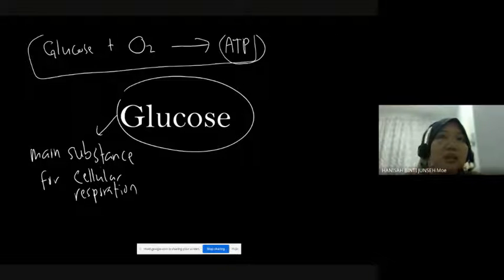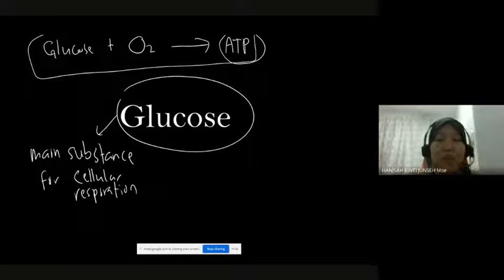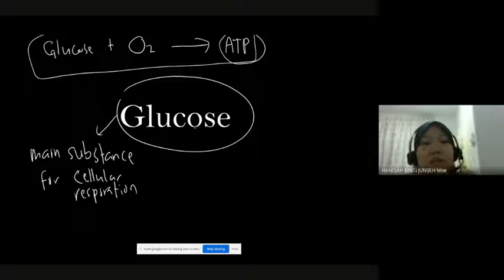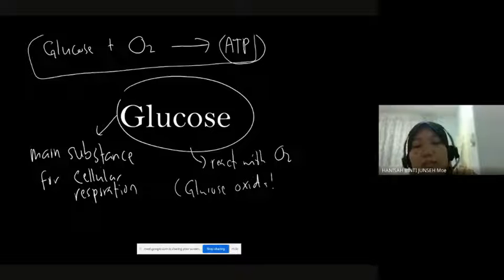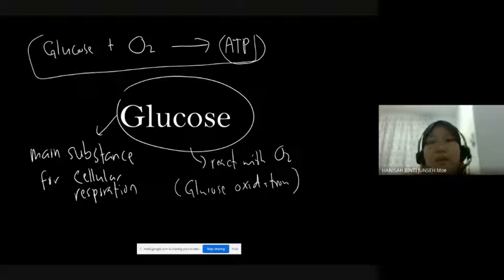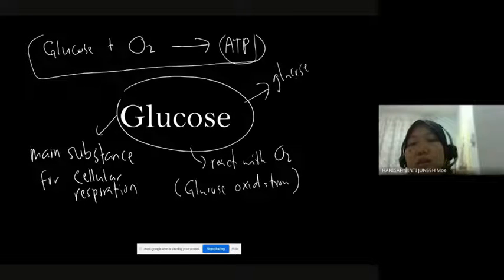And then cellular respiration is also about glucose oxidation. What is glucose oxidation? I know you had learned in chemistry, anything that reacts with oxygen, we call it oxidized. So that is why in the previous slide, I said cellular respiration is glucose oxidation, because the glucose reacts with oxygen. Whenever we say glucose reacts with oxygen, it means the glucose itself can undergo the process of glucose breakdown.